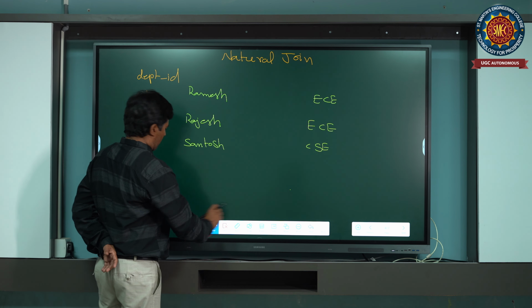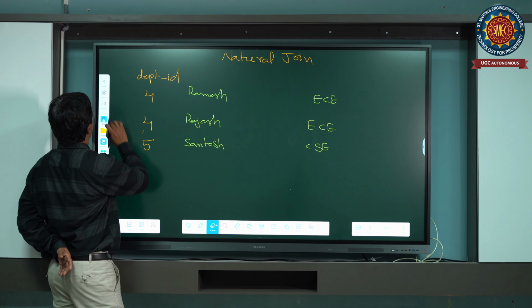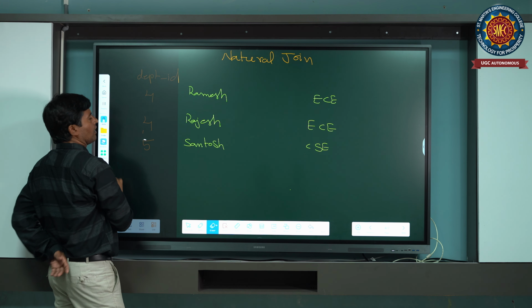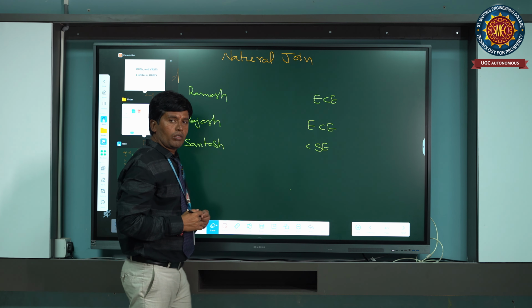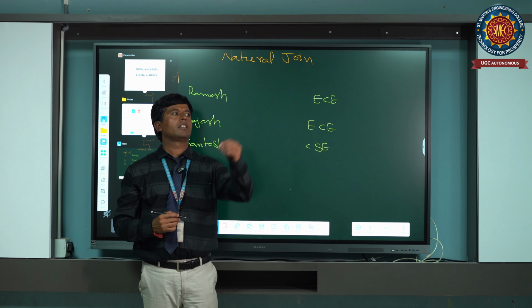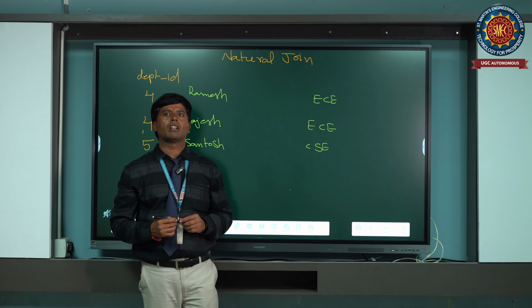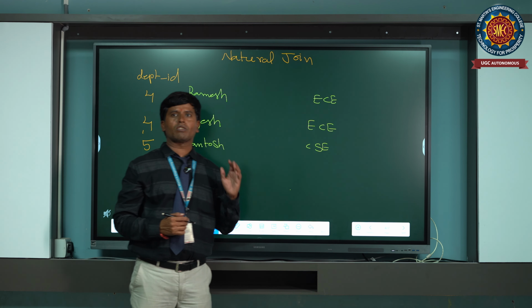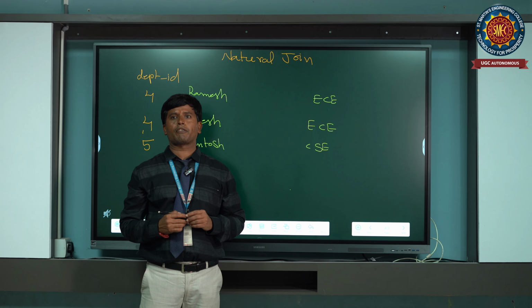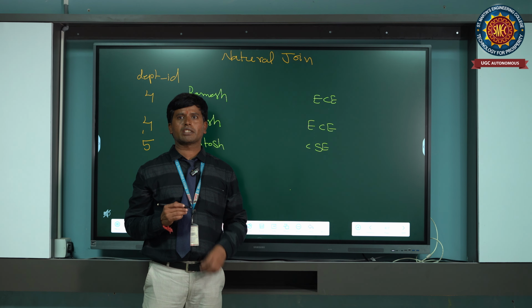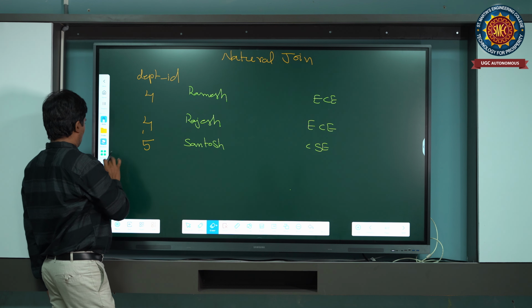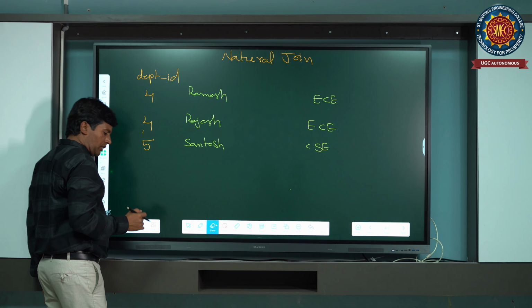Next topic is views. Up to now, we have covered the importance of joins, natural join, equijoins, outer joins. Let us take one more topic, views. Views are nothing but a logical structure of a table.